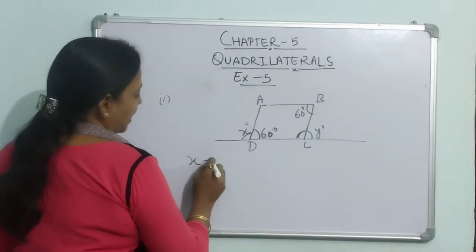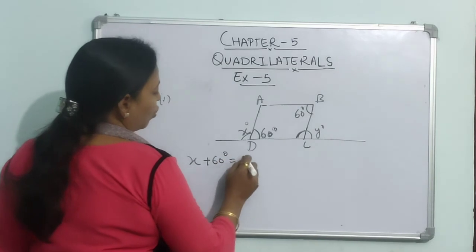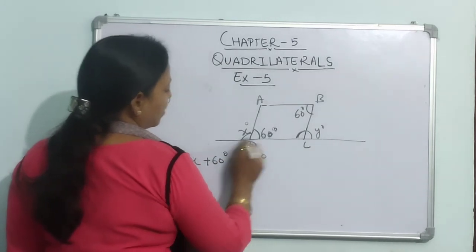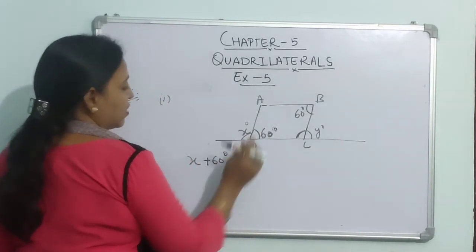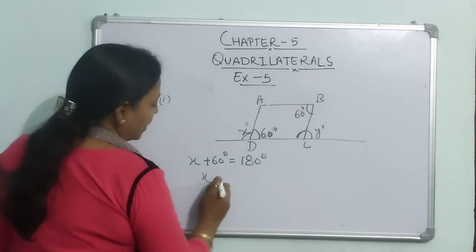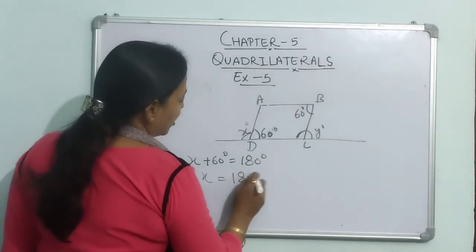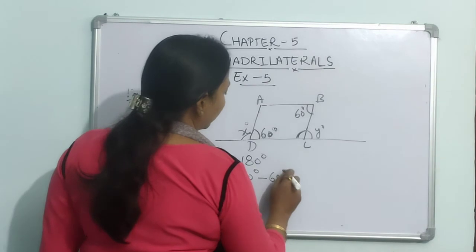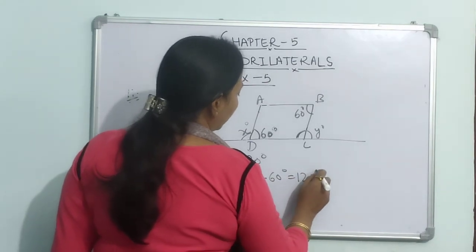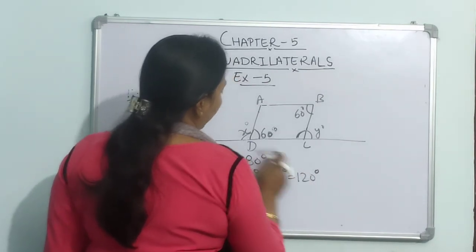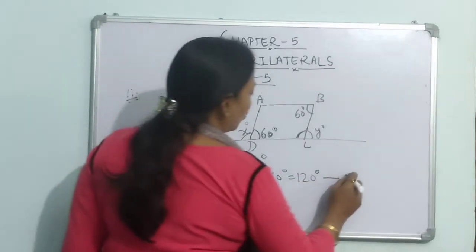So x plus 60 degree is equal to 180 degree. You can see this is a straight angle. x plus 60 is equal to 180. So x is equal to 180 degree minus 60 degree, that is 120 degree. x is 120 degree. This is your first answer.